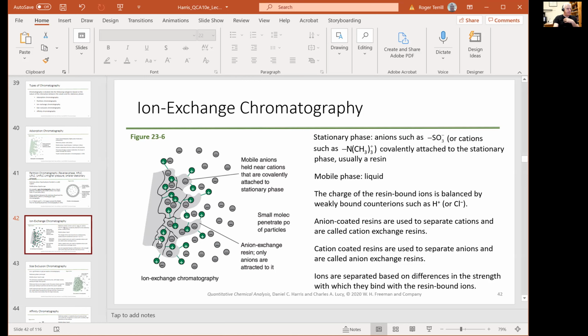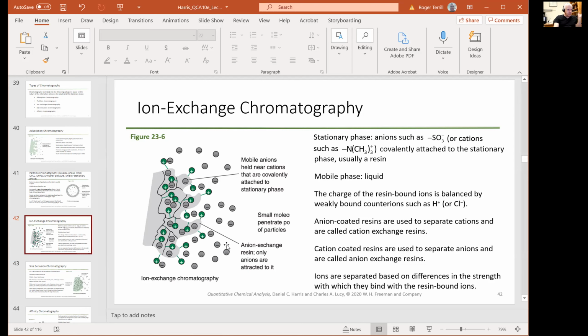In this example here, we have solution phase anions and bound cations, right? The bound cations are typically quaternary ammonium groups, and the mobile anions could be anything, right?